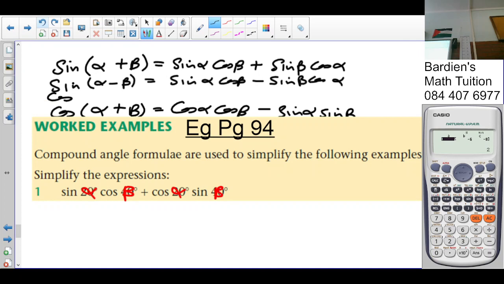The other one is cos alpha minus beta. That can be written as cos alpha cos beta plus sine alpha sine beta. Okay, see, cos remains the same. And cos, but the sign is different. For sine, the sign is the same. Okay.